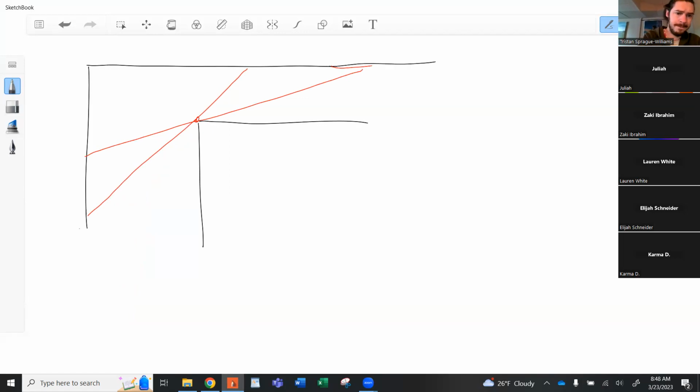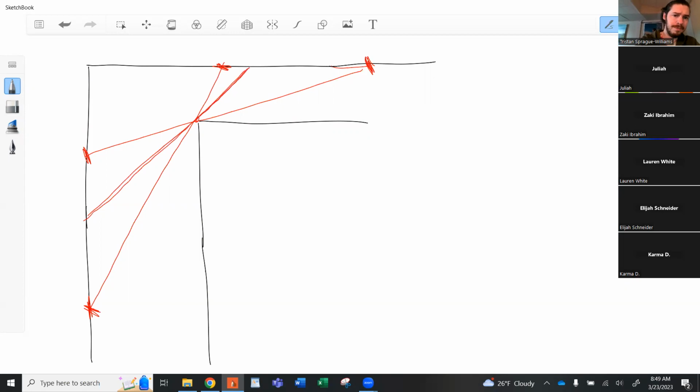We have some long ones, like this here is quite long. This one is quite long. But somewhere in here, we have a minimum. If you are going to get a long object around the corner, it has to be able to fit through all of these distances, all of these gaps.